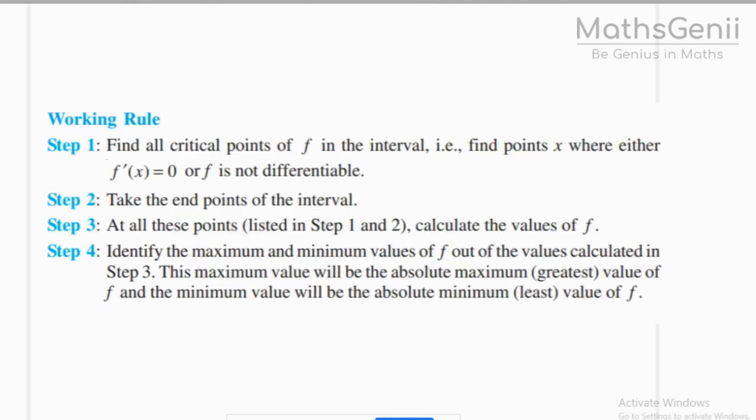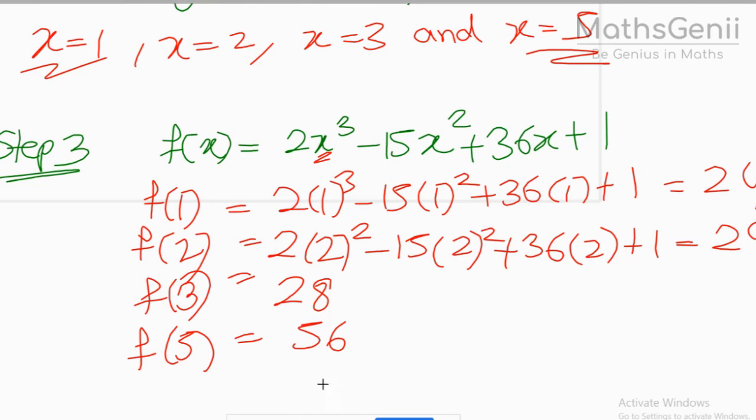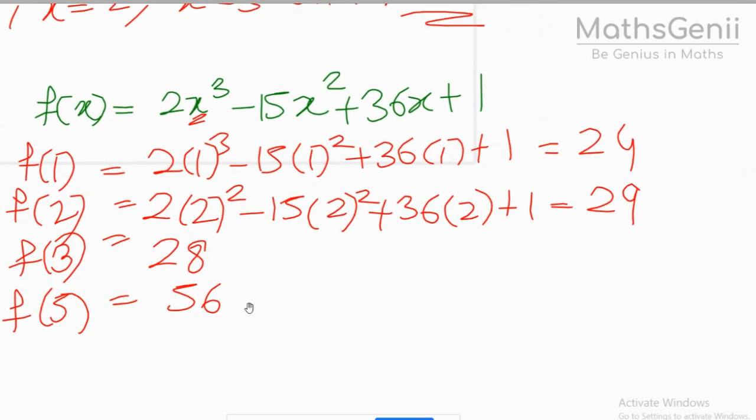So what is he asking me? In step 3, find what is maximum, what is minimum. What was the maximum value that we obtained? 56, correct? And what was the minimum value we obtained? 24.